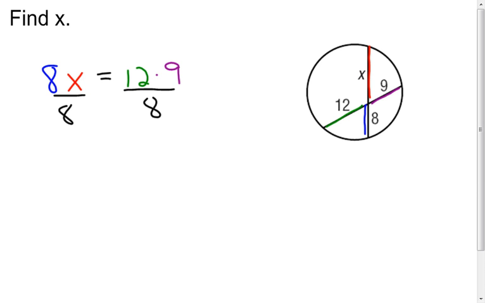Divide both sides by 8. And on this one, I find out that the value of x is 13.5. Again, this would be units because I don't have any other label. So it's a matter of finding that right picture in your circle book, figuring out which formula you need, plugging them in, and then you have it.